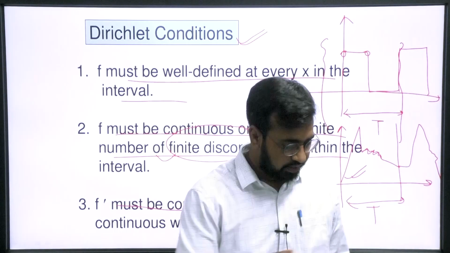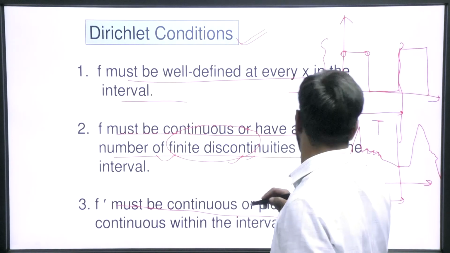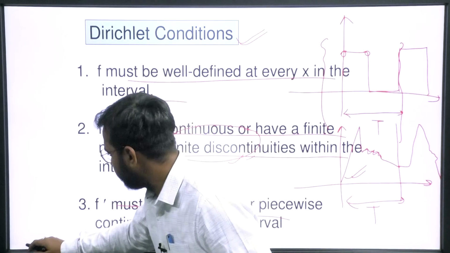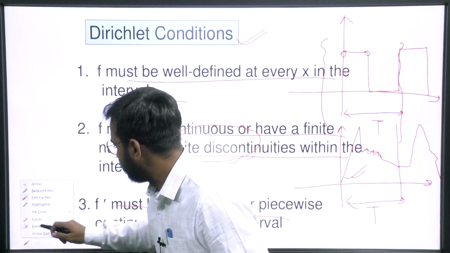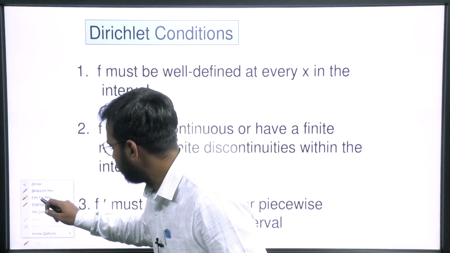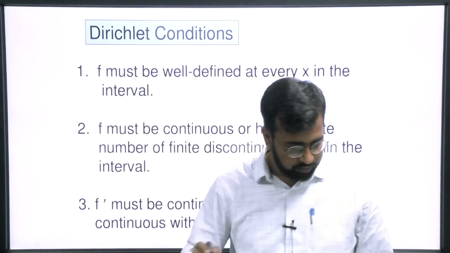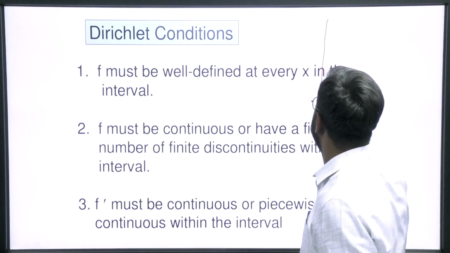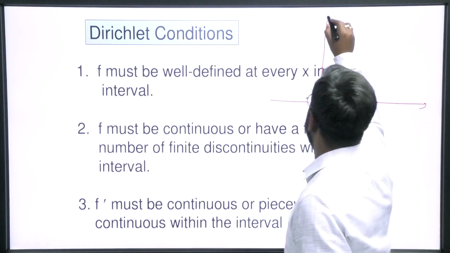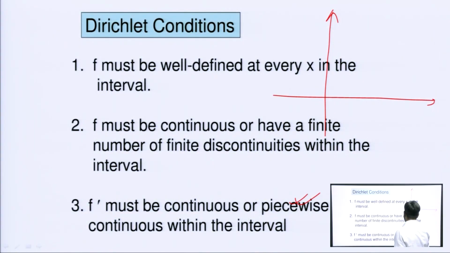What does it mean? The third condition says that the function must have countable maxima or minima.